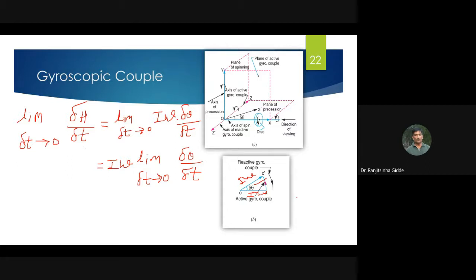Okay, so for this left hand side, we can write dH by dt.